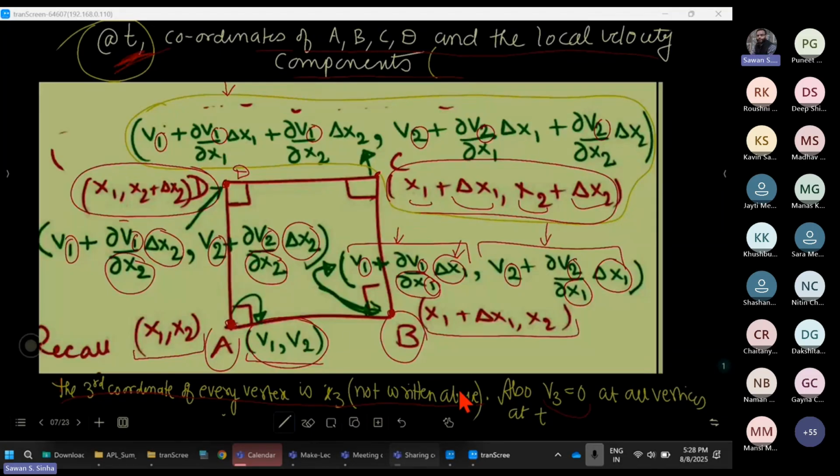Now, even for the first component of velocity, there are two partial terms, one along x1, the other along x2. Why? Because C is displaced from the base location not only in E1 direction but also in the E2 direction. So you go delta x1 in E1 direction and then you go delta x2 in the E2 direction, then only you reach C. And that is why two partial derivatives are coming here. Same thing goes for the second component of velocity.